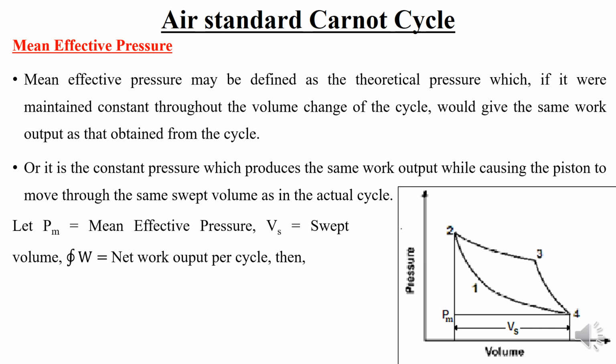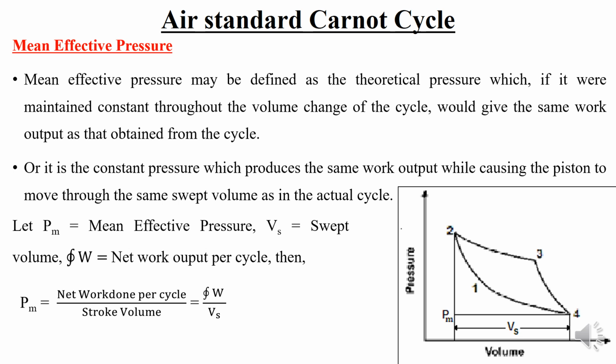Usually we denote this mean effective pressure by PM, and the swept volume and cyclic work done are denoted like this. As per the definition, mean effective pressure is given by net work done per cycle divided by the stroke volume. Remember, this is the equation for mean effective pressure.